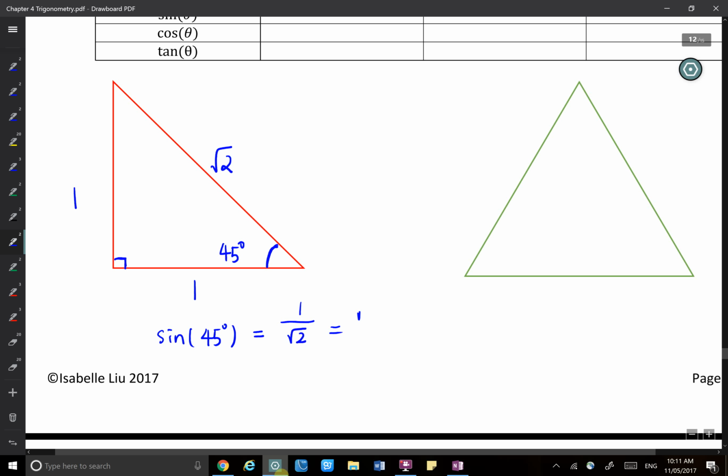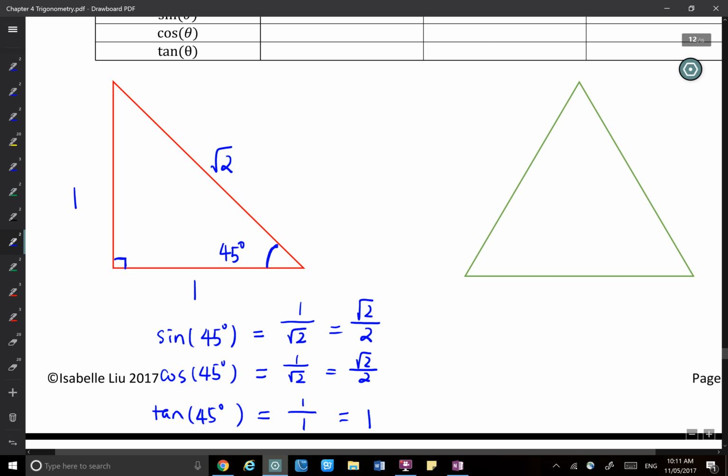That will be √2 over 2. Okay, rationalize the denominator. How about cosine 45 degrees? Okay, 1 over √2 again, which is √2 over 2. How about tangent 45 degrees? 1 over 1. Okay, which is 1.